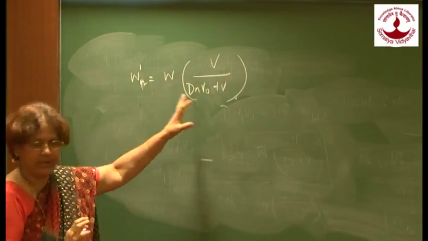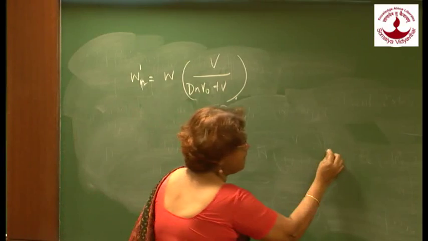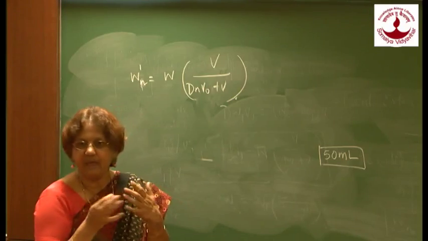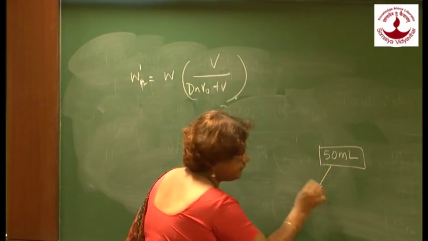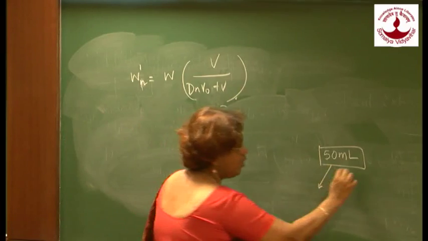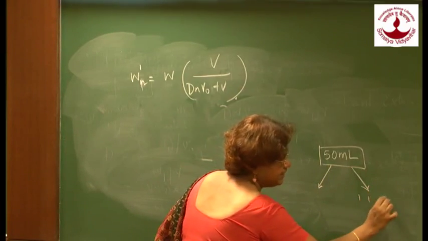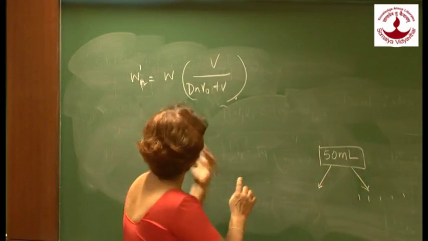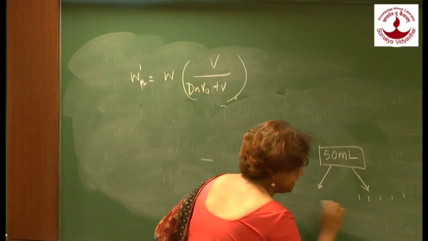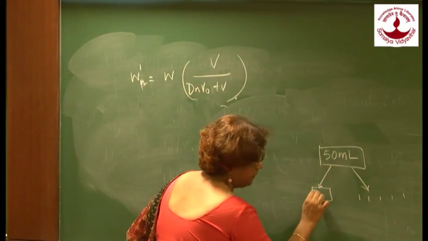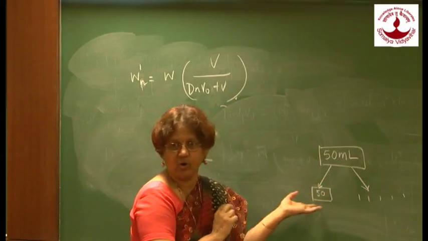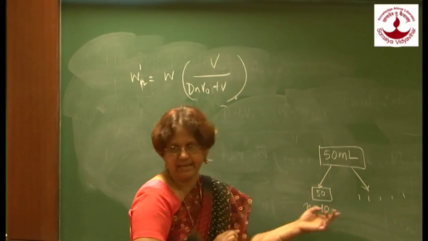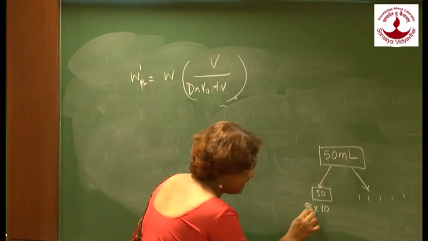But why we are doing this, I'll tell you. Suppose we have 50 ml of this solvent at our disposal. Okay, we have two options. One is to use all the 50 ml in one single extraction, or to use this 50 ml in 5 extractions, 10 ml each. So when I talk about N VO, what I mean is all the 50 ml in one go. So it is N into 10. In this case, N is 5. So 5 into 10 means 50.